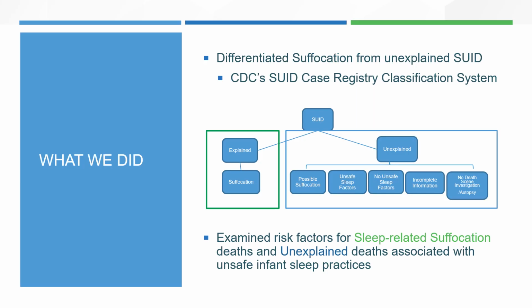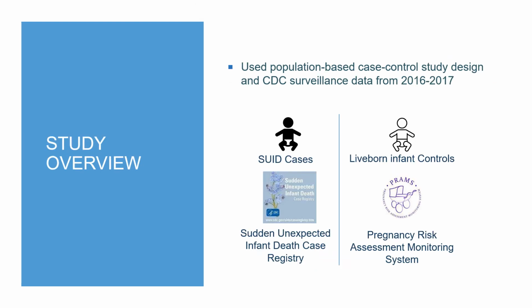We again used the CDC SUID classification system to identify SUID that were either due to sleep-related suffocation or unexplained causes. And then we examined risk factors for sleep-related suffocation and unexplained infant deaths independently of one another. To accomplish this, we conducted a population-based case control study using infants born during 2016 and 2017.